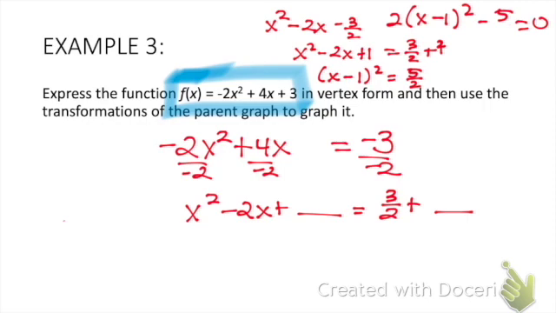Okay. What's my plus blank? Well, it's my b divided by 2, which is negative 1. Negative 1 squared is 1, so we're going to add 1 to both sides. So the left side is x minus 1 squared is equal to 5/2.